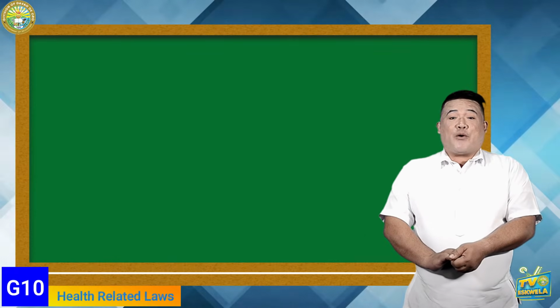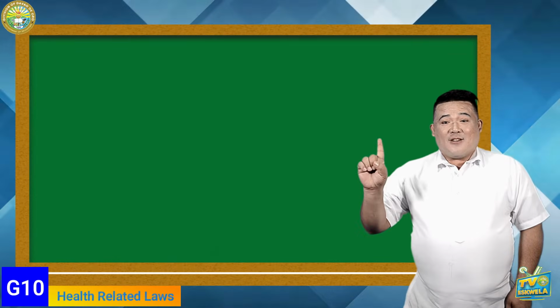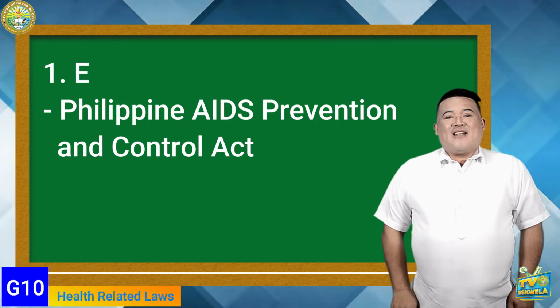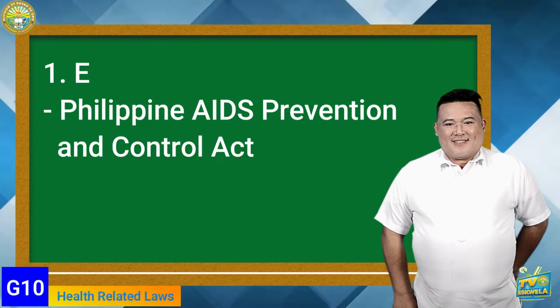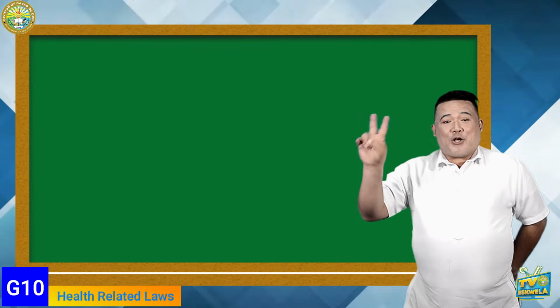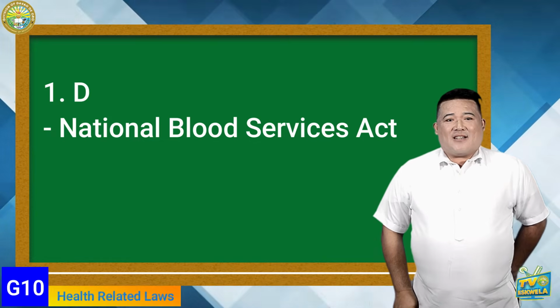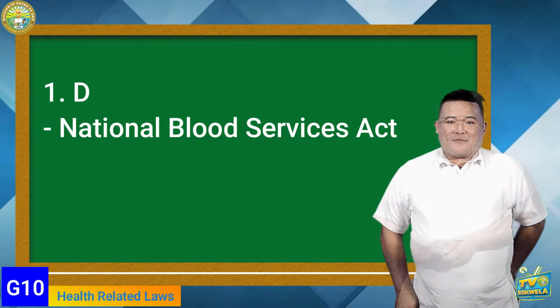So let us check your assessment. Number 1, letter E. Correct. Philippine AIDS Prevention and Control Act. Number 2, letter D. Correct. National Blood Services Act.